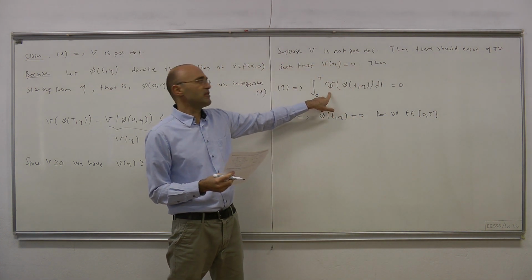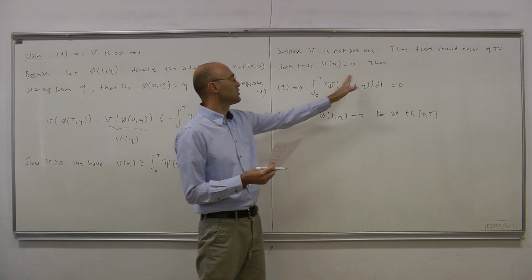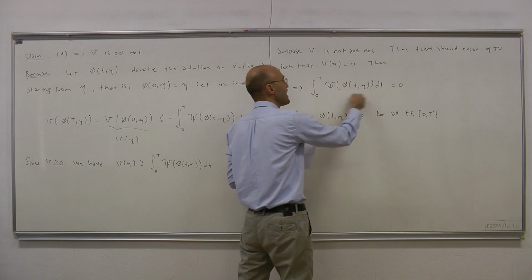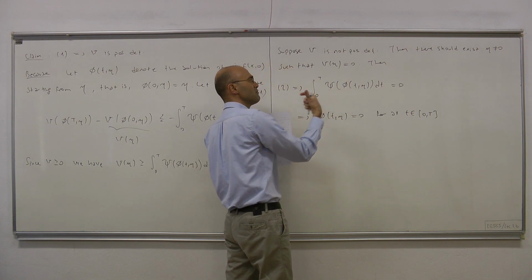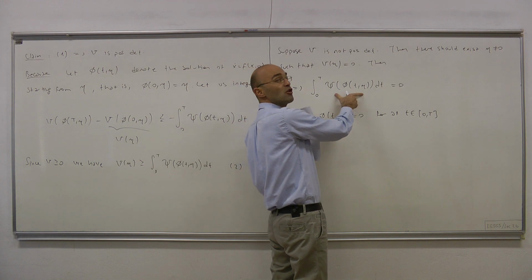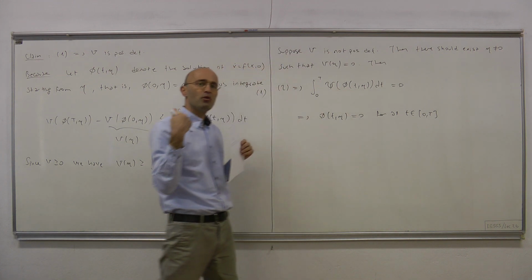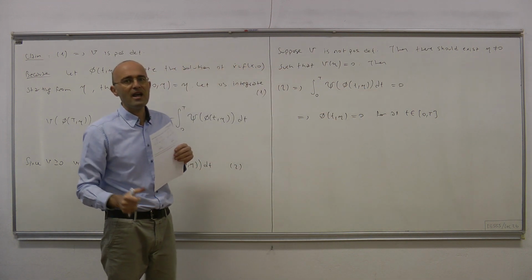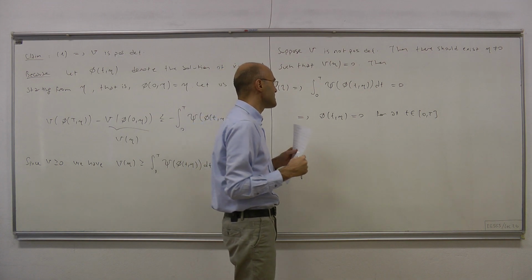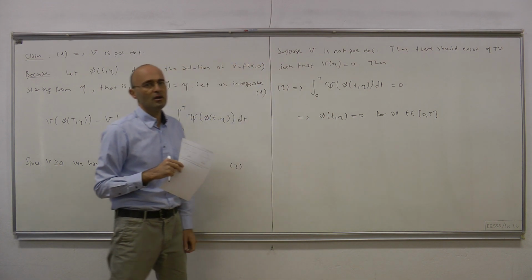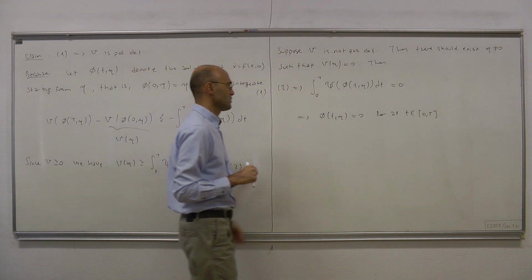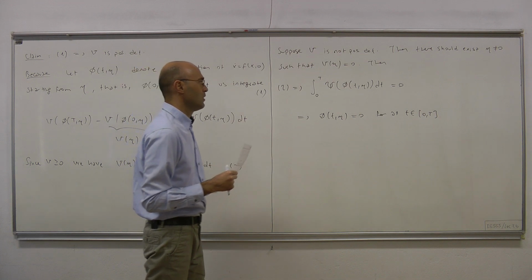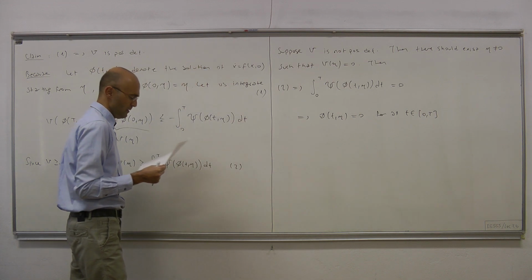Now, psi is a positive definite function of its argument, and then you integrate that, you obtain 0. Therefore, since this can never be negative, the integrand at all times from 0 to capital T must be 0. So if the integrand is always 0, and this function psi is a positive function, therefore the argument of that function psi must be 0, identically, from time t equals 0 to t equals capital T. Okay, so this solution must sit identically at 0 at the origin for all t between 0 and capital T.